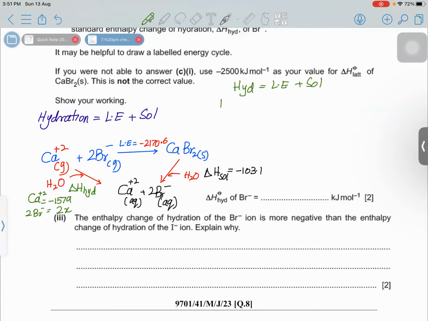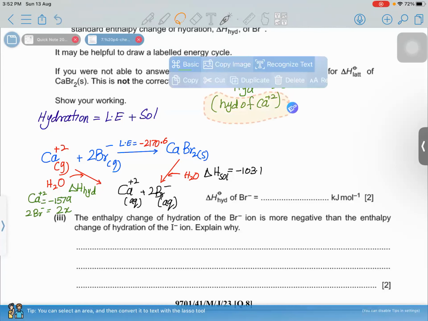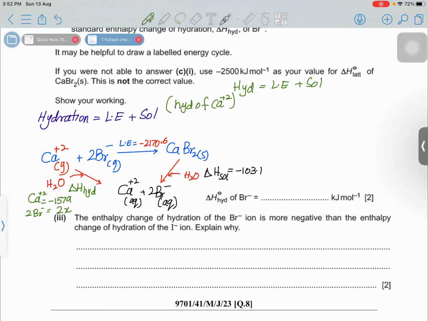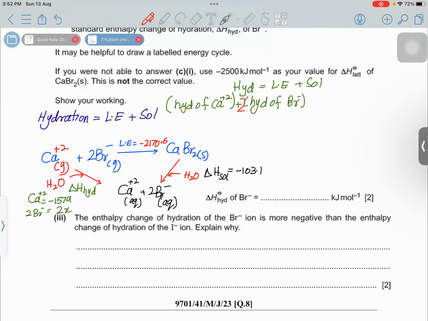So hydration of calcium plus hydration of Br minus, but 2 times, is equal to lattice energy plus solution.